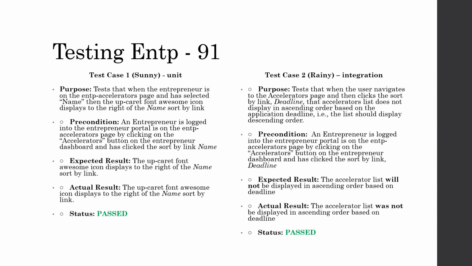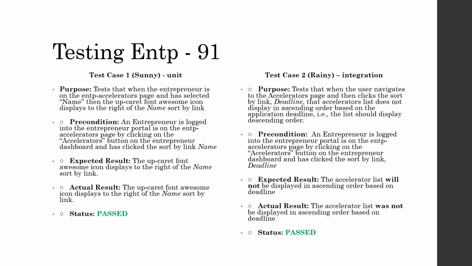Test 2 is a rainy day integration test case that tests when the user navigates to the accelerators page and then clicks the sort by link deadline, if the accelerators list does not display in ascending order based on the application deadline. In other words, the list should display in descending order. This basically tested that the toggle functionality of the sorting feature worked. Both tests shown have passed.